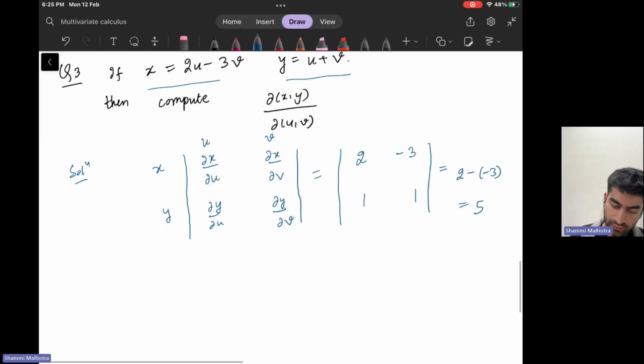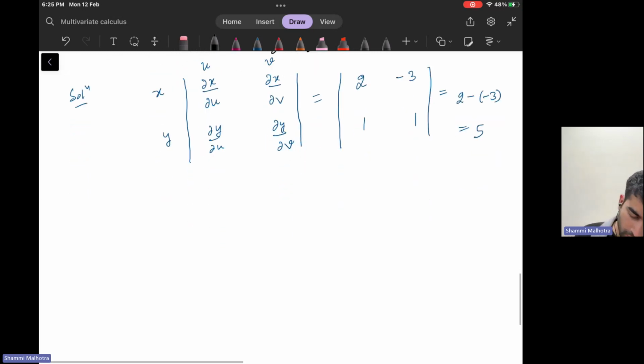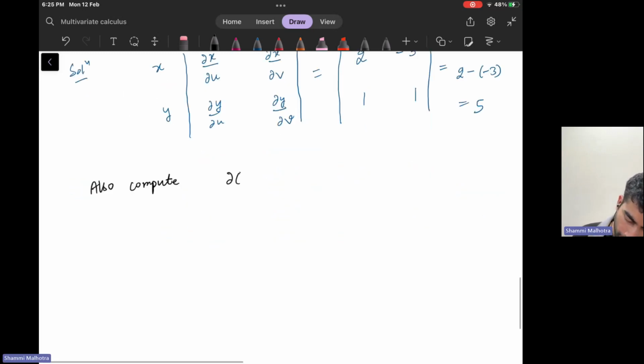And next, suppose in the given question we are asked to compute del of u v whole divided by del of x y.